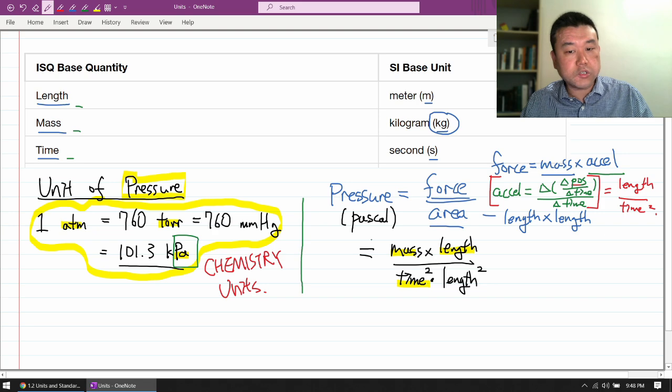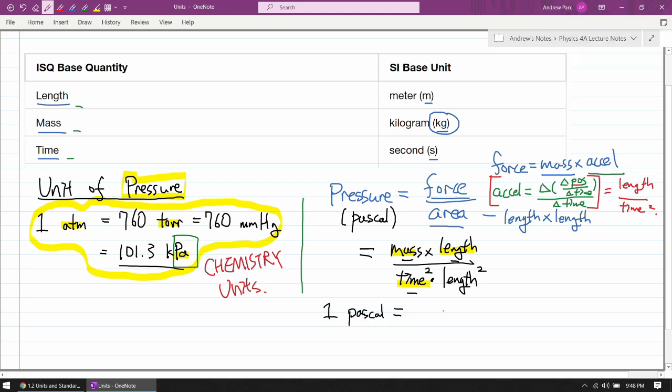Derived units are constructed from these fundamental units by simple multiplication. So I can say 1 Pascal is equal to 1 kilogram times meter per second squared, also per meter squared. If I simplify it a little bit, canceling this out, I can say 1 Pascal is 1 kilogram per second squared per meter.